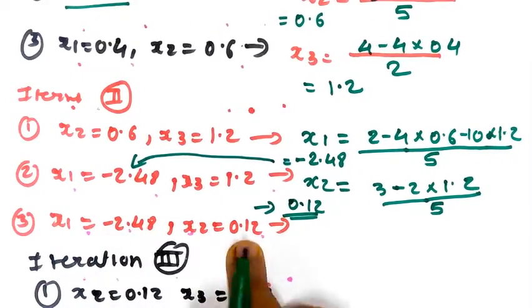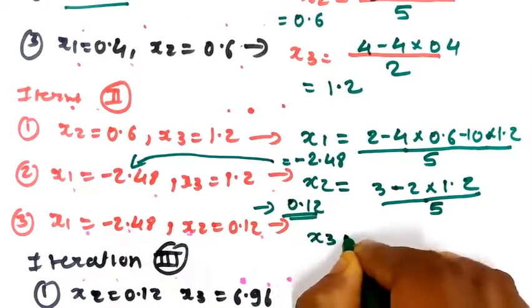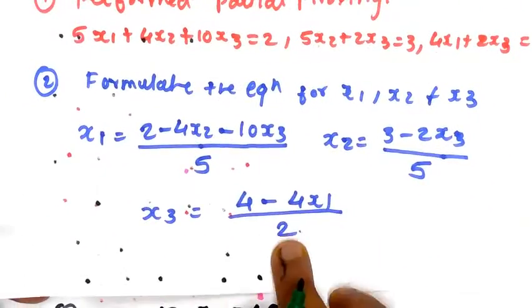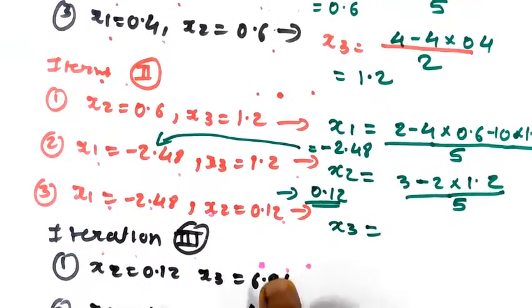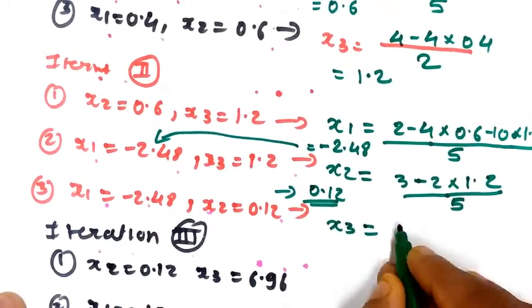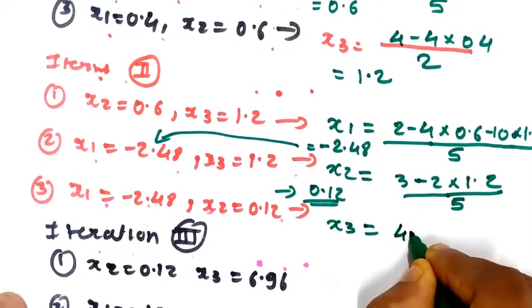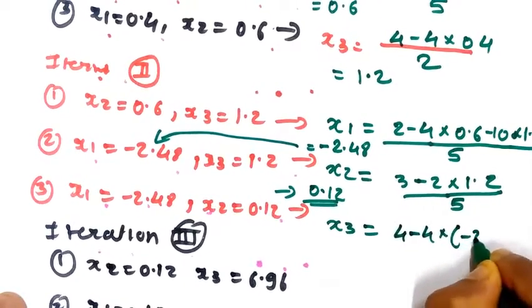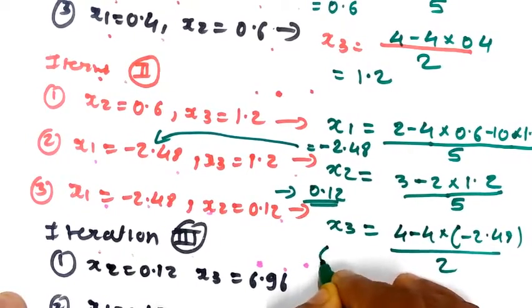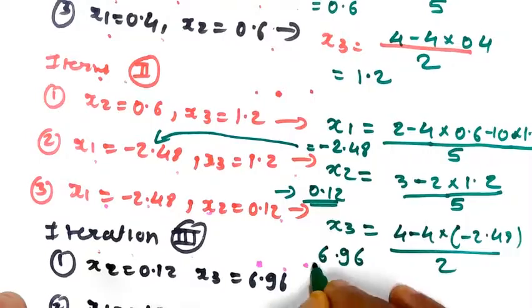So you have the new value of x1, and x2 is 0.12. Find out the value of x3. Put it in this equation. We have the new values of x1 and x2. So that will be 4 minus 4 into minus 2.48 divided by 2, which is equal to 6.96.